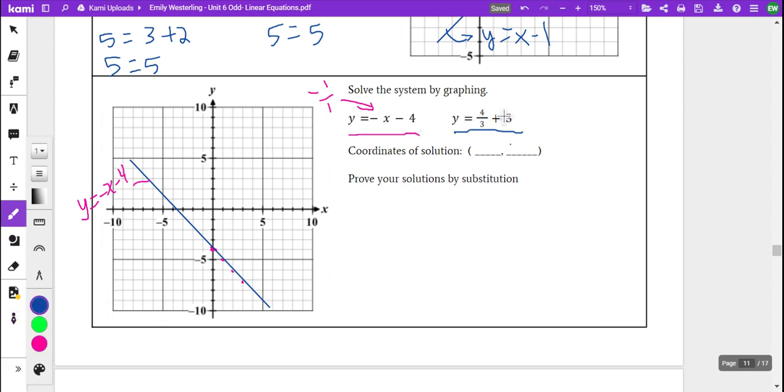Okay, let's go on to our blue problem. Now this one has a positive intercept, so I'm going to start here, go 1, 2, 3, graph 3 first, and then I'm missing an x here, so make sure you put an x there. Sorry about that. Got 4 over 3, so we're going to go up 4. These are both positive. 1, 2, 3, 4, and to the right 3. 1, 2, 3.